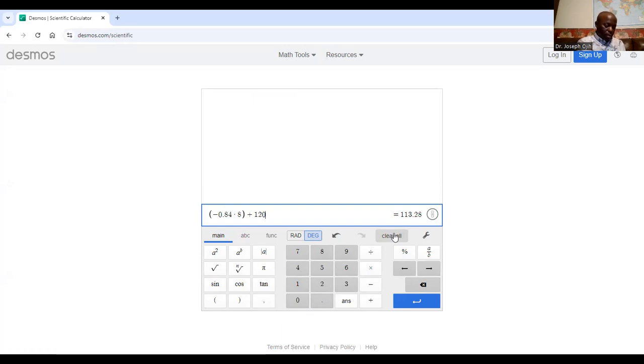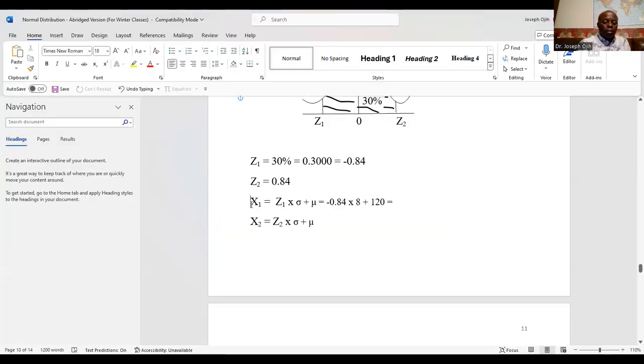So I'll write it as a lower reading. So lower reading X1 is 113.28 millimeter of mercury.